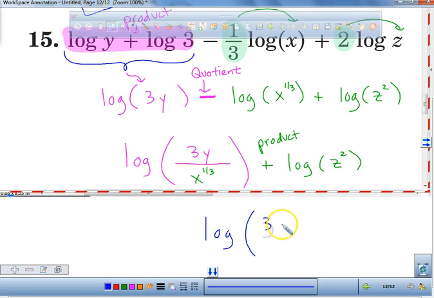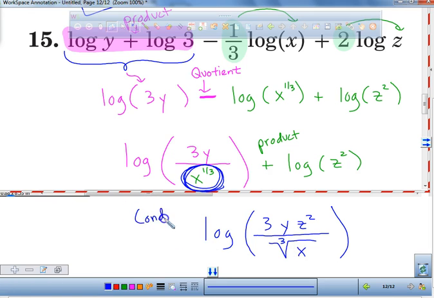You're going to have a 3, a y, and a z squared up in the numerator. What did I tell you guys that this is going to change to? What's the same thing without being a rational exponent? The cubic root of x.